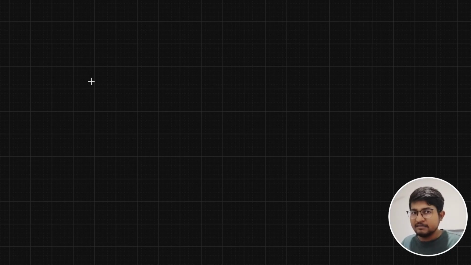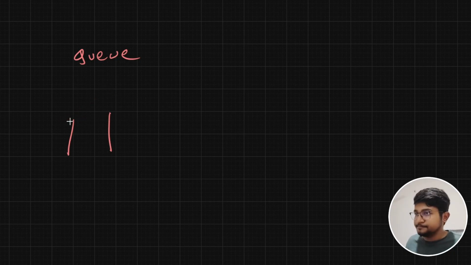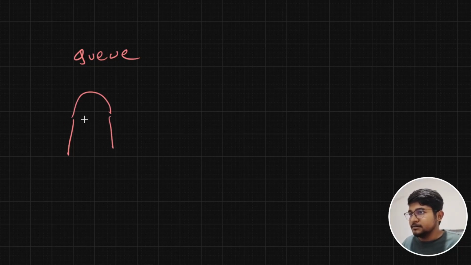Stay tuned, it is very simple and easy to understand. As the name suggests, queue means a line, like when we go to a hotel or restaurant or any place, let's say a movie ticket counter. Let's say it's a movie ticket counter.